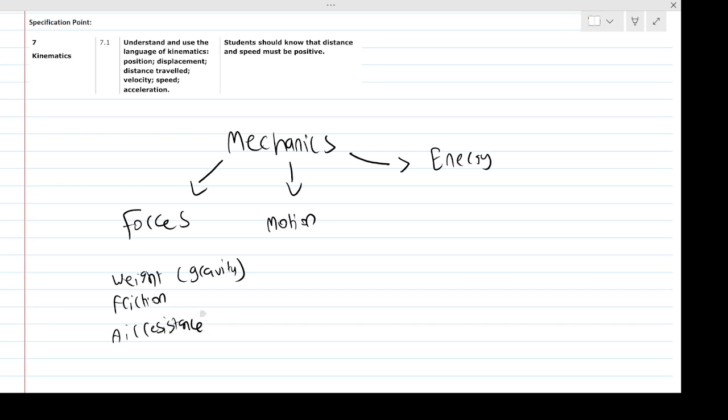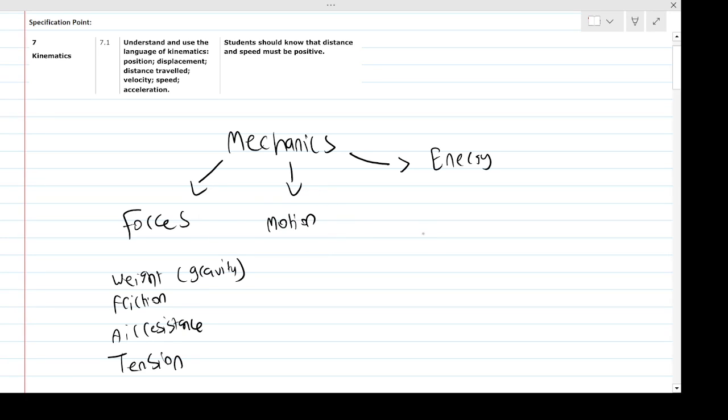So if you drive or something like that, the air resistance, the wind or whatever will try and slow you down, kind of like friction. And you've also got tension as well. When we deal with strings, when you pull a string, the string will exert a tension force back.